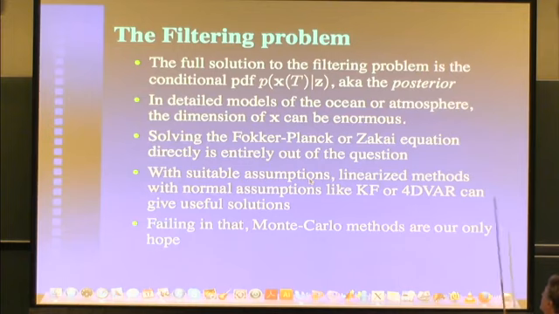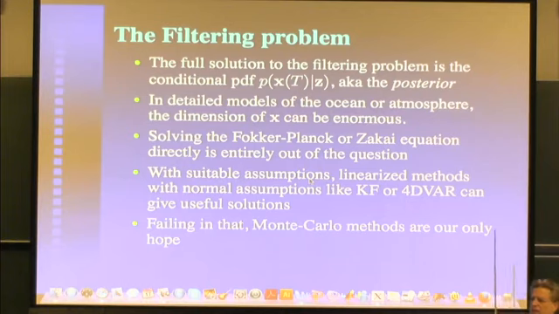The other thing that the major weather centers actually do is a thing called 4D VAR. 4D VAR means four-dimensional variational method. The 4 dimensions are, of course, 3 dimensions and time.